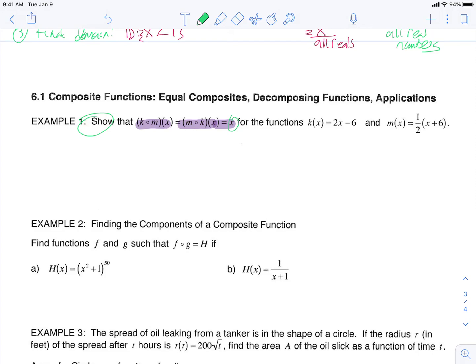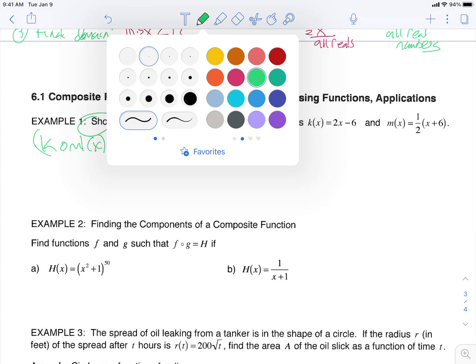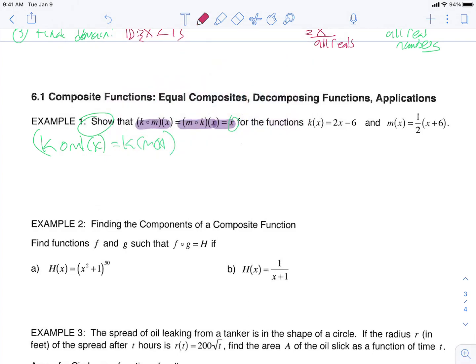So let's first take a look at k of m of x. All right, so I'm going to take m of x and substitute it into k of x. That's what that means.